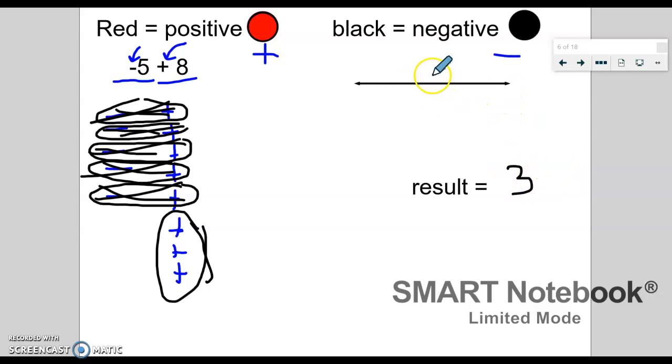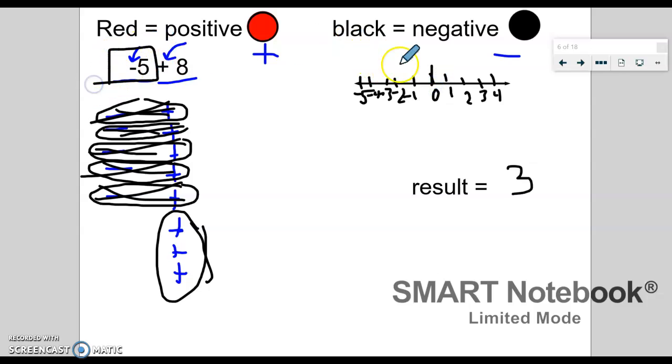You can also do this on a number line. On a number line, you're going to start from 0, and you're going to go with the first number.